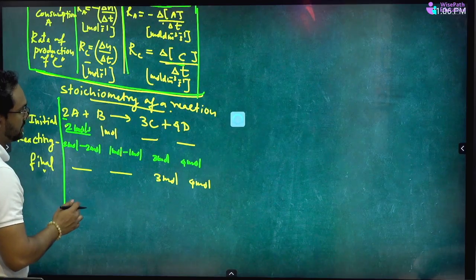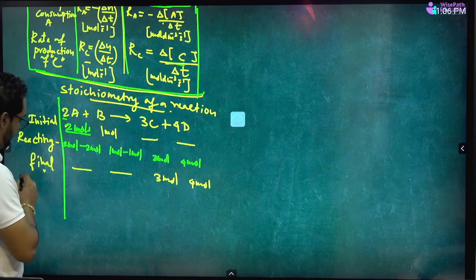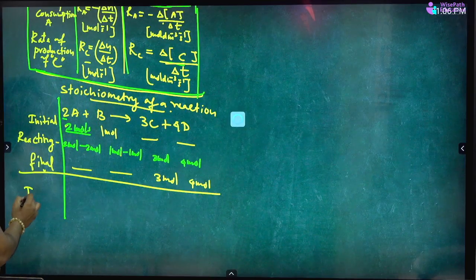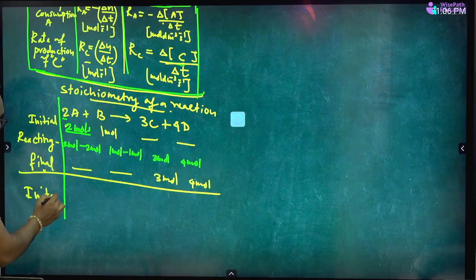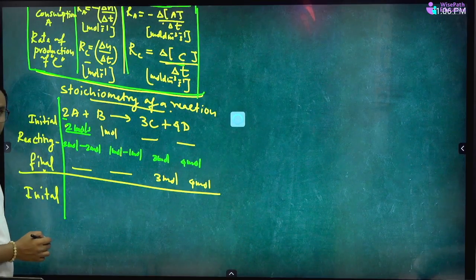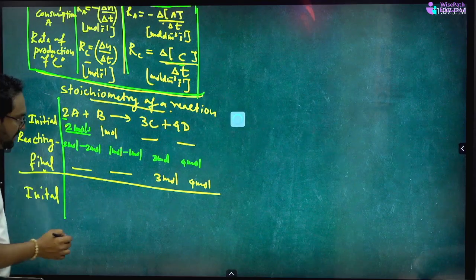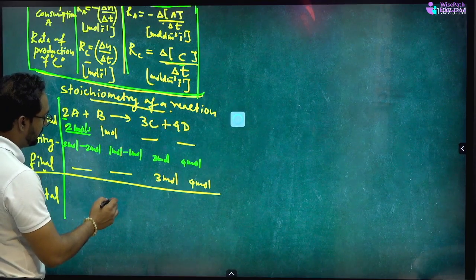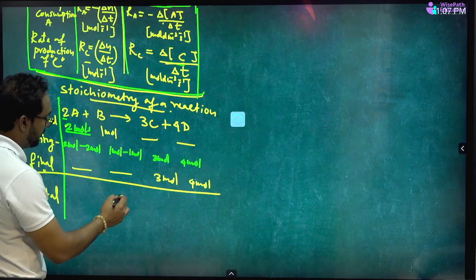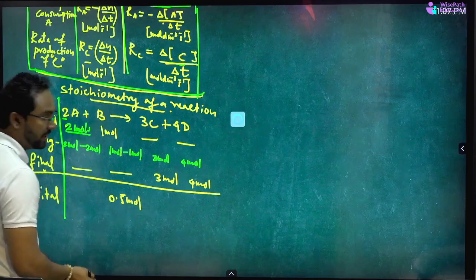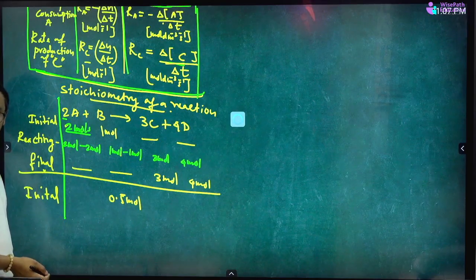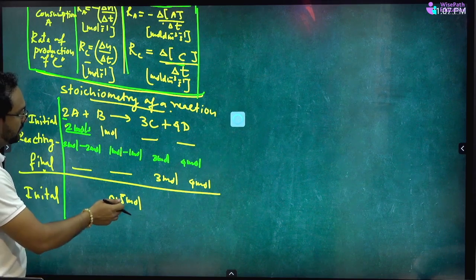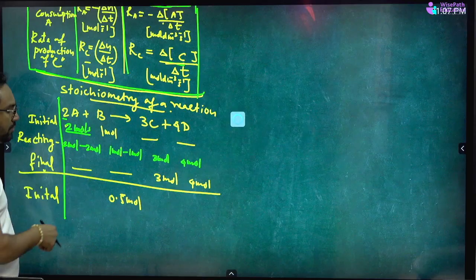I'll change the situation now. Initially we had the exact stoichiometry, but now let's change it a little. Let's say initially there's only 0.5 moles of B. To completely react with this 0.5 moles, how many moles of A should be there?